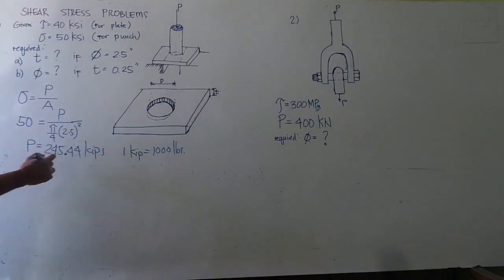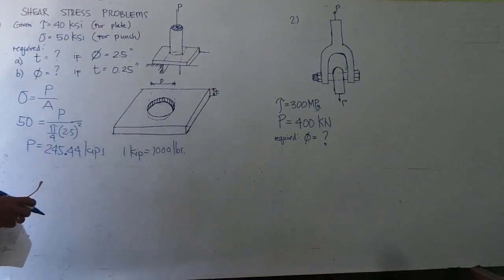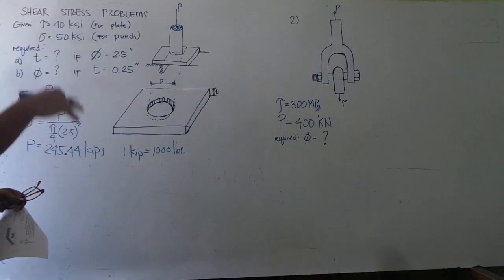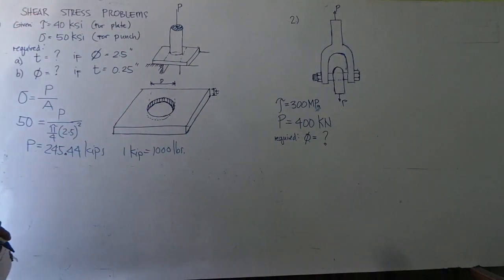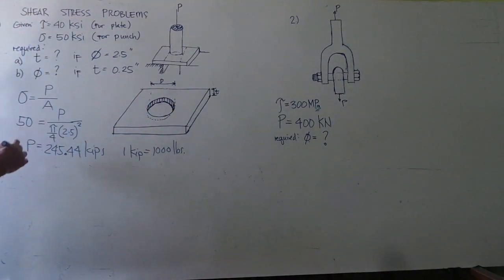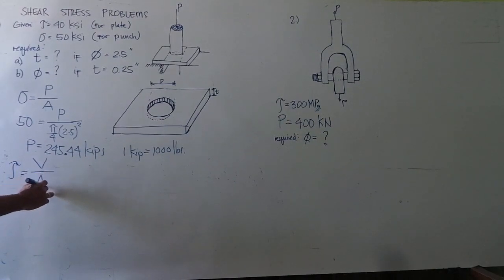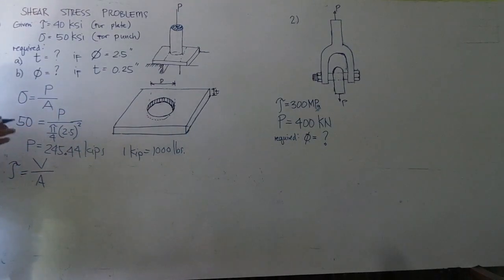So we now know the compressive force that will tend to shear, or punch, this hole in the plate. From our shear stress formula, the shear stress is equal to the shearing force over the area. It is almost the same as this one, but this is V, the force that will tend to shear.